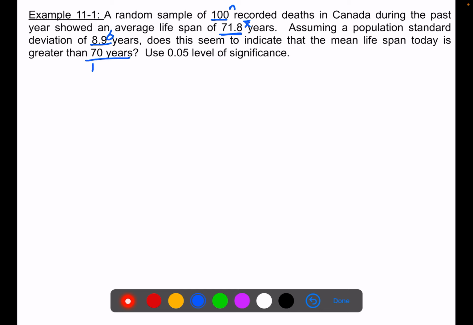So our null hypothesis is mu is 70 years, and our alternative hypothesis is that mu is more than 70 years, right?